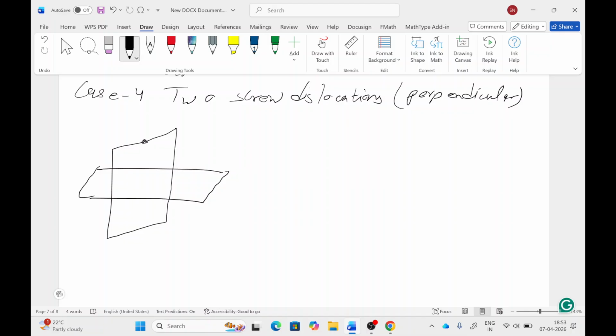So one dislocation is on this, B1S, and this is the second dislocation of Burgers vector B2, and the B2 is moving towards the B1.